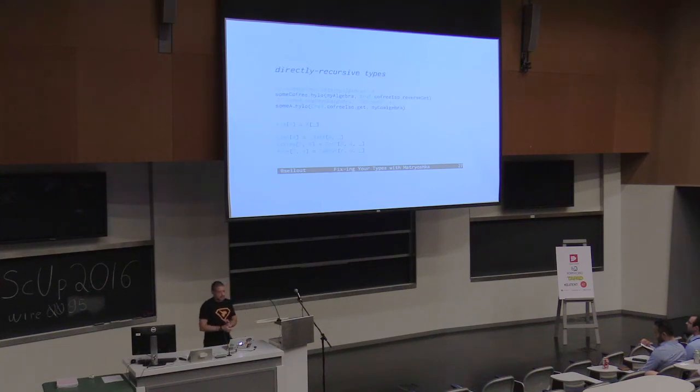Another thing is directly recursive types. So I mentioned before that there's an equivalence between co-free and this fixed point of the env functor. The problem right now is whenever you need one of them and you have the other, you need to transform your whole data structure. Matryoshka helps a bit.